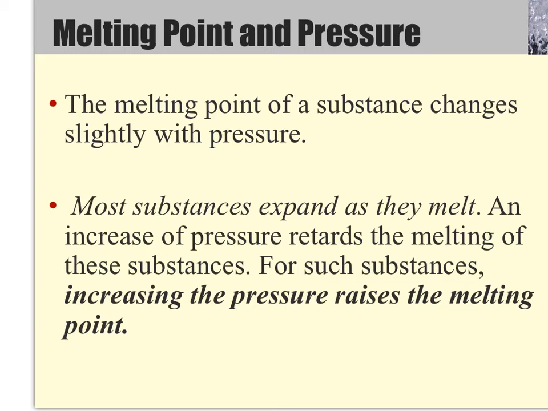Water actually shrinks, which is why ice cubes melt, but other than water, the vast majority of substances expand when they melt. And so if you increase the pressure, you inhibit that expansion. You kind of say, no, you cannot spread out. So if you increase the pressure, it inhibits the melting. So the bottom line is at higher pressures, melting point and boiling point increase. So there's a direct relationship there.